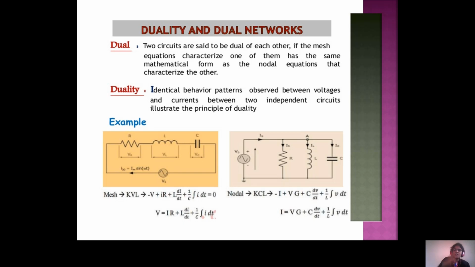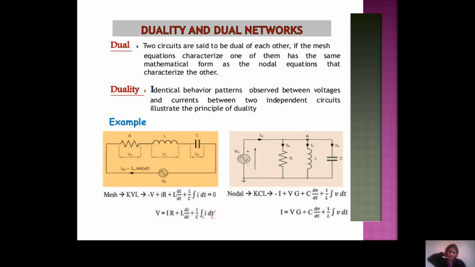Now we have to convert this into its dual. The voltage source has to be converted into a current source, and all the elements, the resistor, inductor and capacitor, which were in series, are now kept in parallel form.